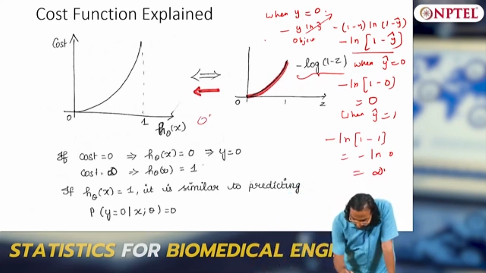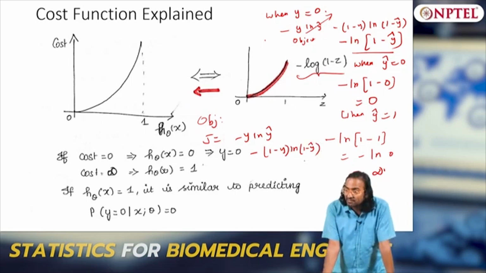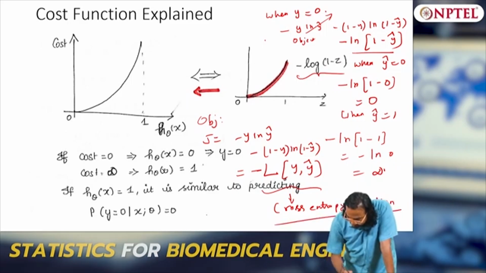So now what is my objective function? My objective function is J, which is minus y ln y hat minus (1 minus y) ln (1 minus y hat), shortly written as minus ln of (y, y hat). This is my cross entropy function, or likelihood function.